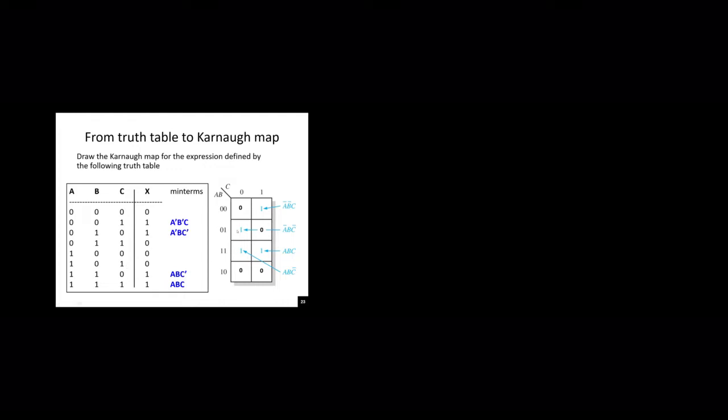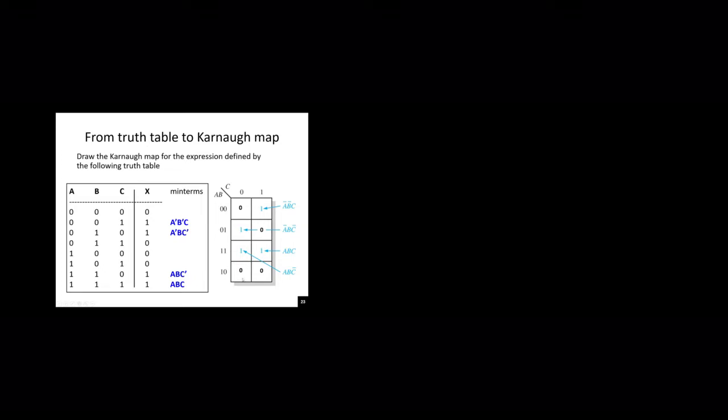It's just that the entries are reordered in a slightly different way, so that we can have a Gray code encoding of the rows. So this square here corresponds to the combination of ABC where A and B are both 0 and C is 0, which means this entry here corresponds to this row here. So I'm just copying across the value of x for this row into this cell.